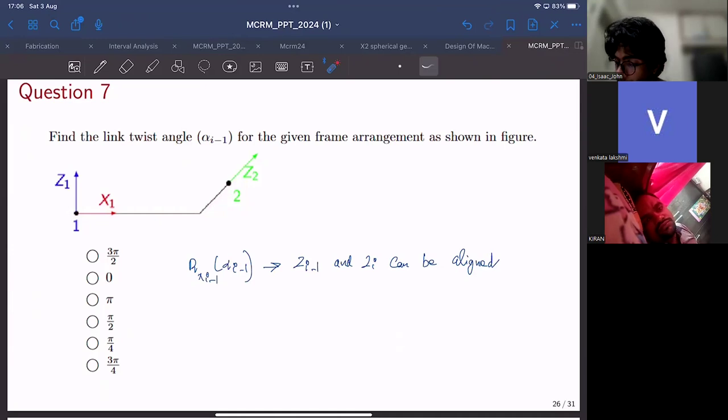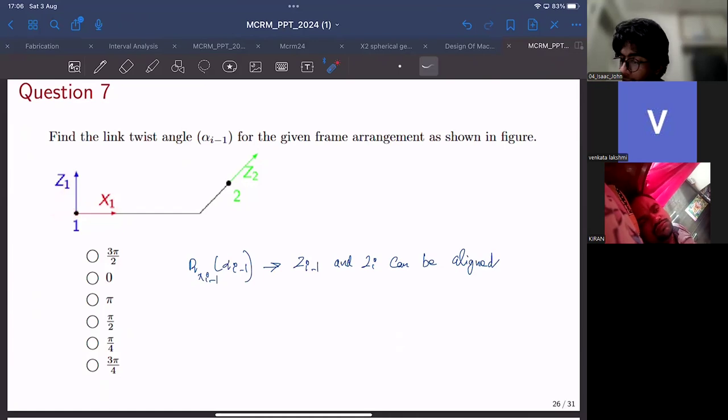Any options? Maybe pi by 4? If you rotate about x1 by pi by 4, it will only be 45 degrees. Positive rotation, by the right hand screw rule, means x1 would be 45 degrees from here.